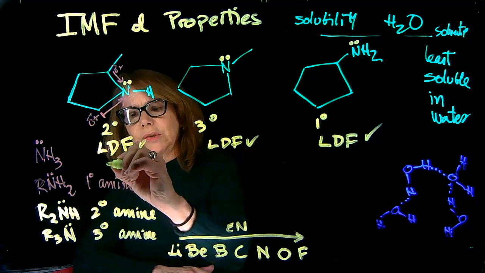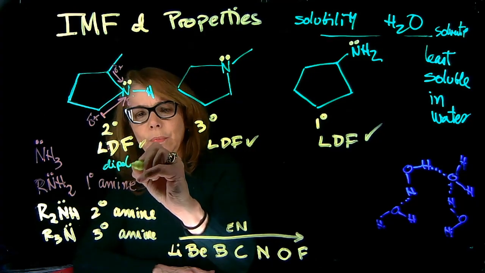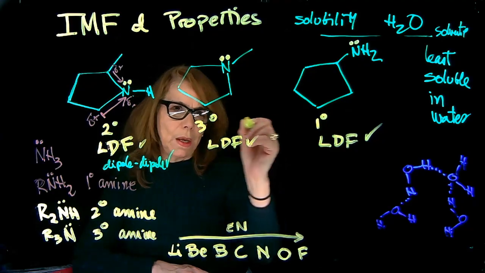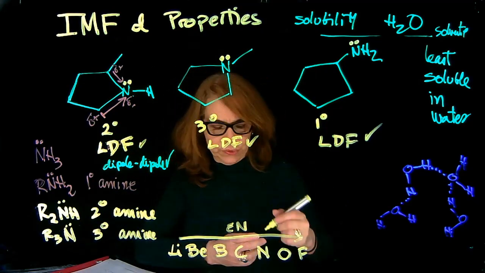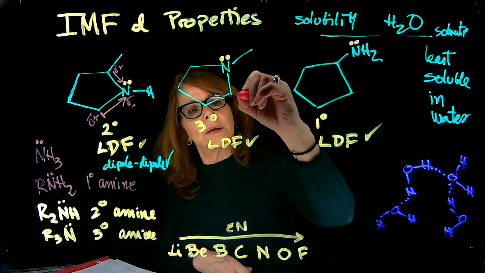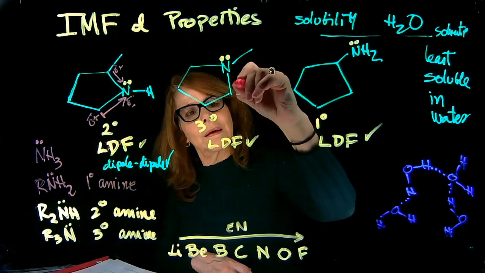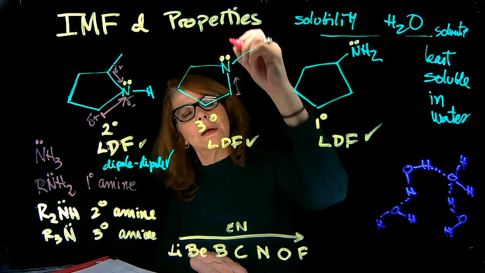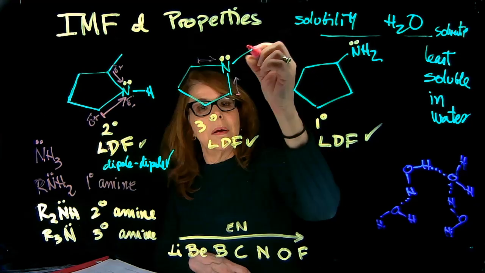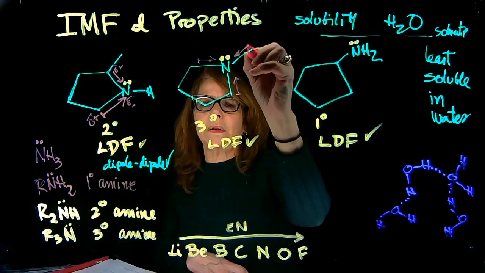So let's give that a check mark. Here, again, you see that I have a polar bond between carbon and nitrogen, and another vector like that. But this molecule still has a dipole moment.